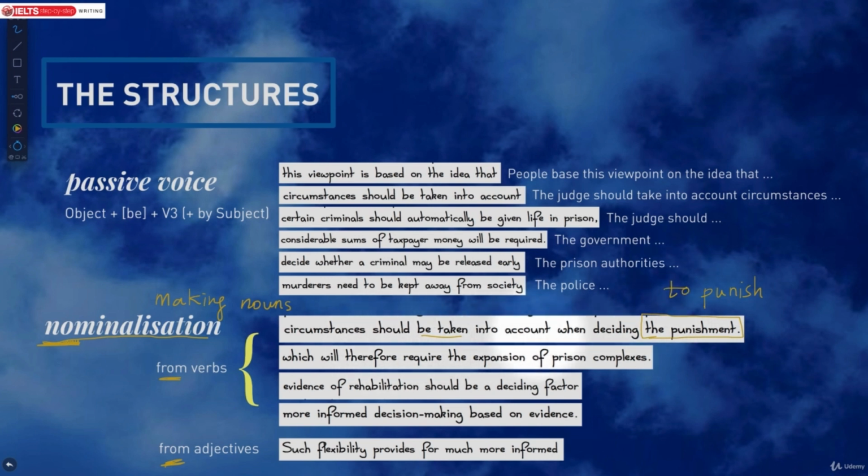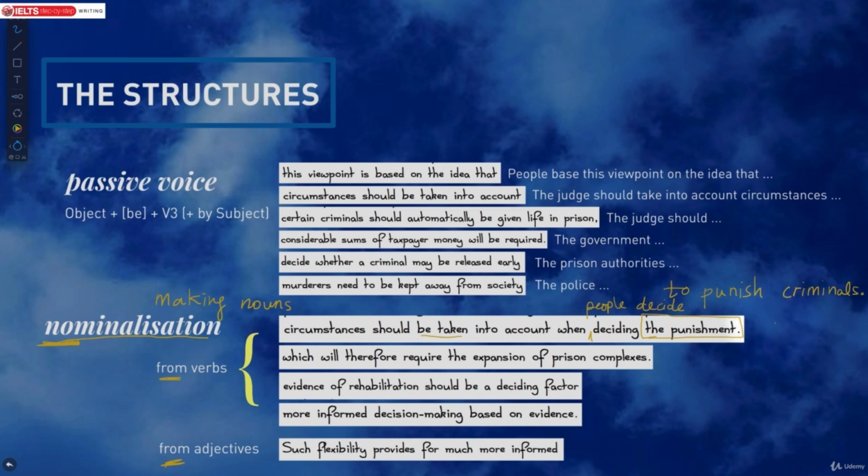Okay, so I could rewrite it in more basic English and less academic sounding. Let's say, when people decide to punish. Okay, so circumstances should be taken into account when the judge, when the police, when people in general decide to punish criminals.